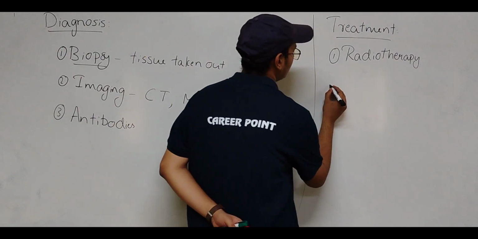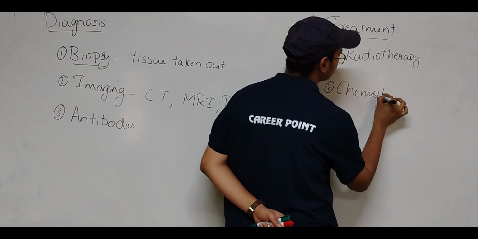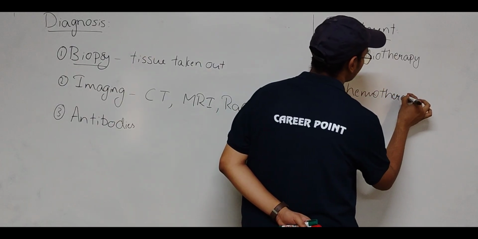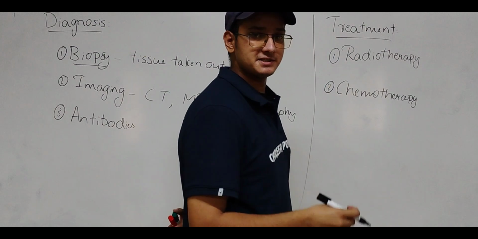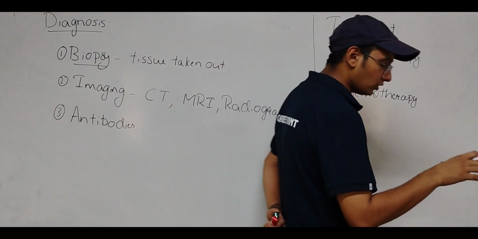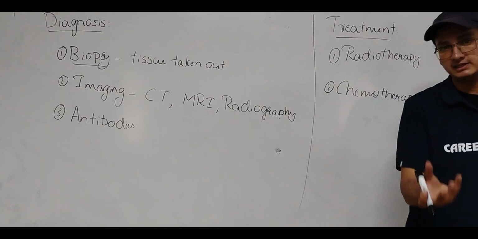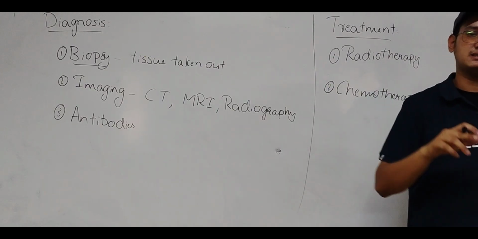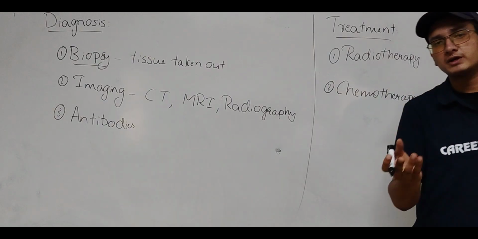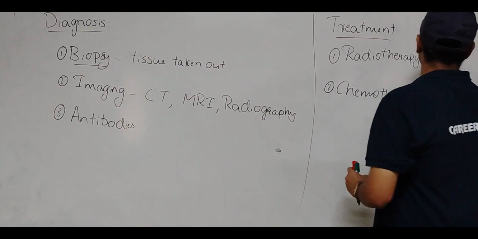The second one is chemotherapy. Radiotherapy means radiations are directed at the tumor cells. These radiations kill those cells without killing the surrounding cells, so the surrounding cells are protected and only the tumor cells are killed by the radiations.